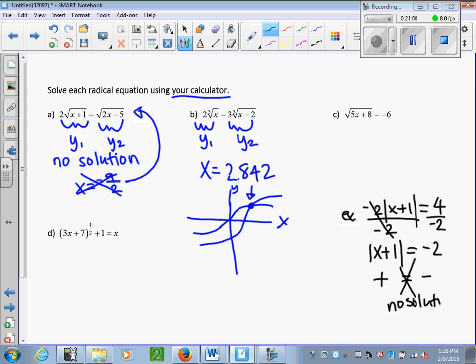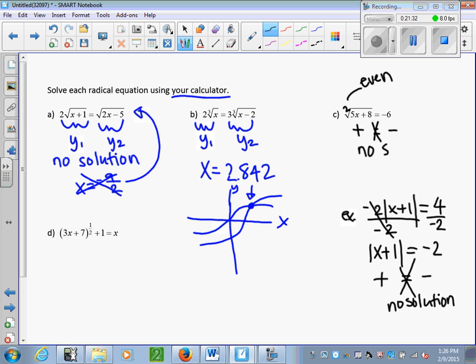Okay. Same concept we're going to use here. Whenever you have an even index, so here, remember my index is a 2 if I don't see it. So if it's even, then think about it that this has to be positive. Similar, just relating it back to absolute value, and this is negative, which means this is never possible because we have a negative over here with a negative 6.